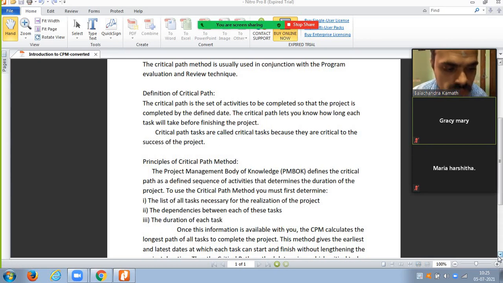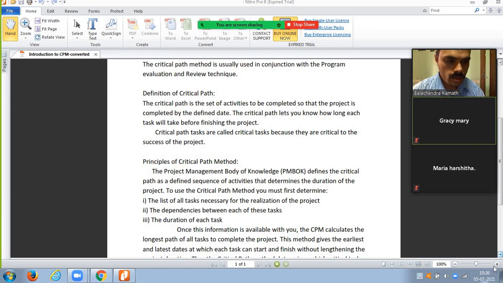So 150 days it takes to finish the project. The shortest path takes, say, 90 days. So the critical path is 150 days, meaning it's the longest duration.